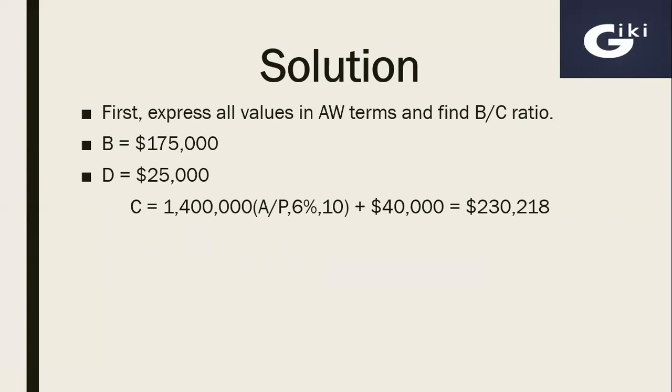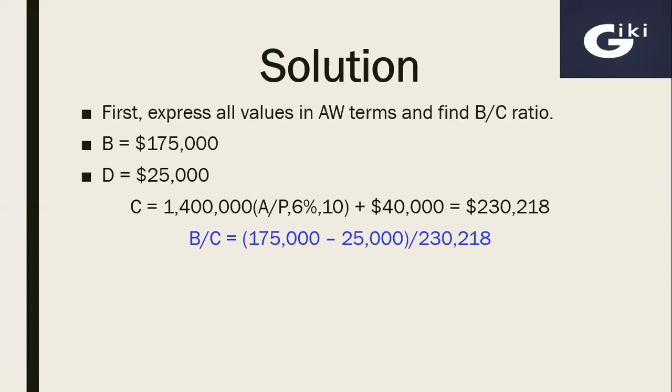So for converting it in annual worth, we need to calculate its annuity by using 6% rate of interest and 10 years. Plus 40,000 are annual expenditure, so they will come as it is. And after solving this equation, total cost will be $230,218 per year.